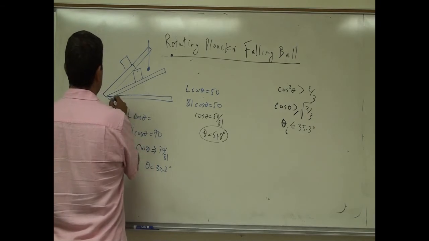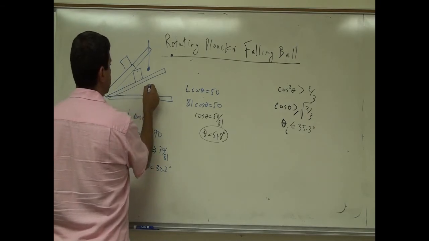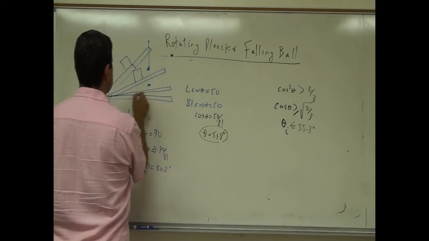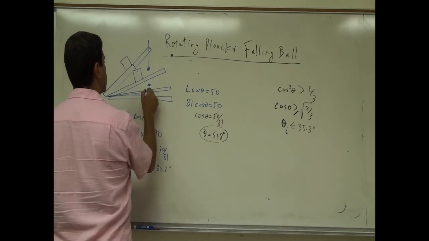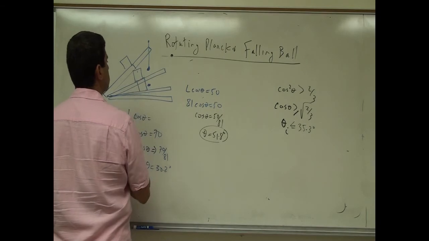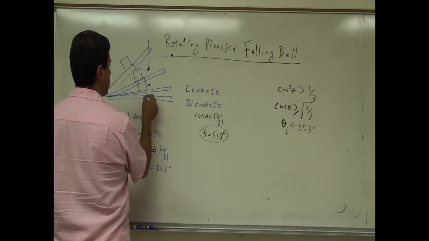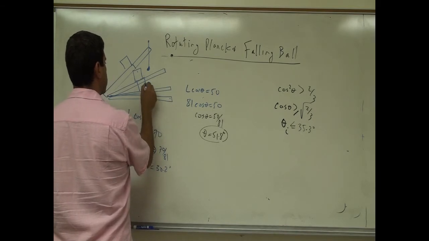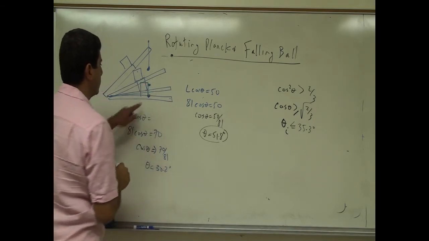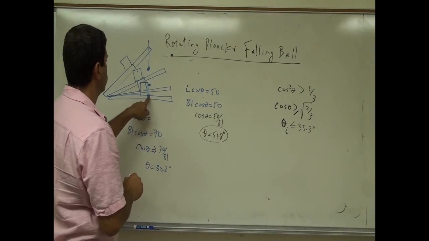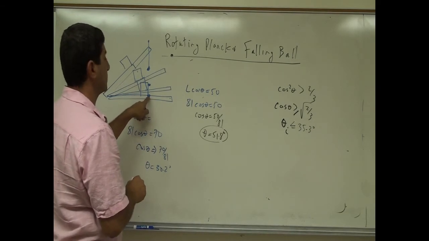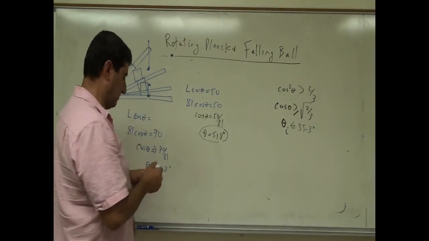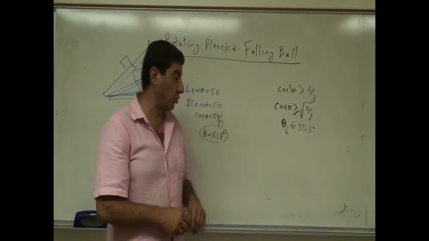By the time the ball is here, the platform is like this, and the cup is something like this. And then by the time the ball hits here, the cup is like this. So it's kind of like the front edge of the cup, because the ball gets there quicker. The cup is always trailing behind the ball, and the cup is not able to catch the ball, you see?